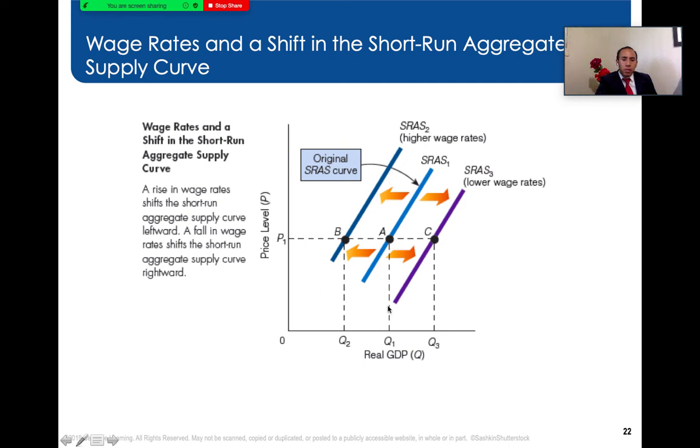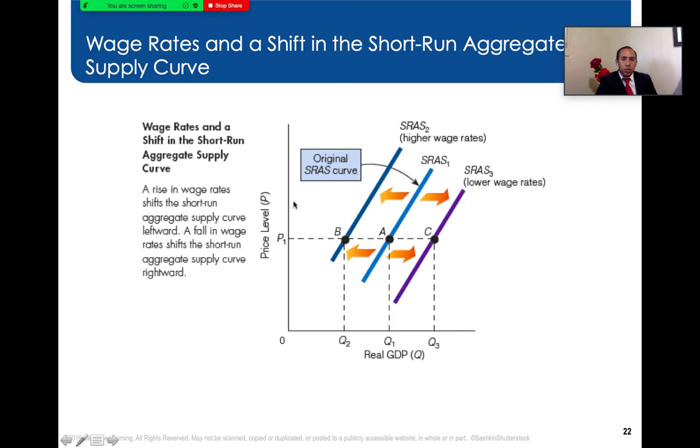Basically, quantity 1 declines to quantity 2. And notice how the price level is fixed, is sticky. The price doesn't change. There's less supply, and at least in the short term, the price level is sticky. It stays fixed in the short term.